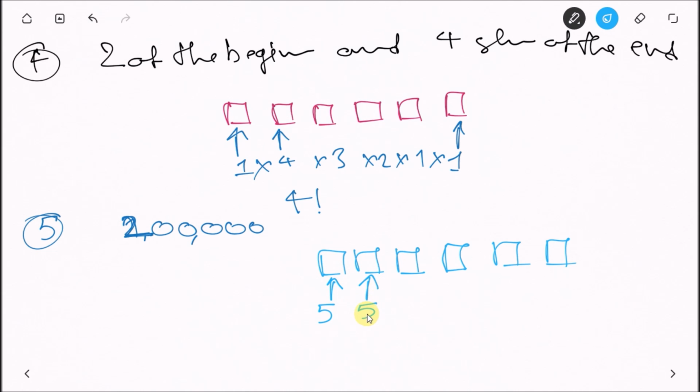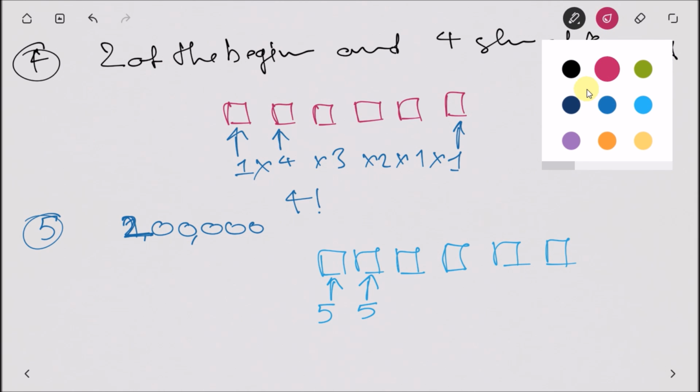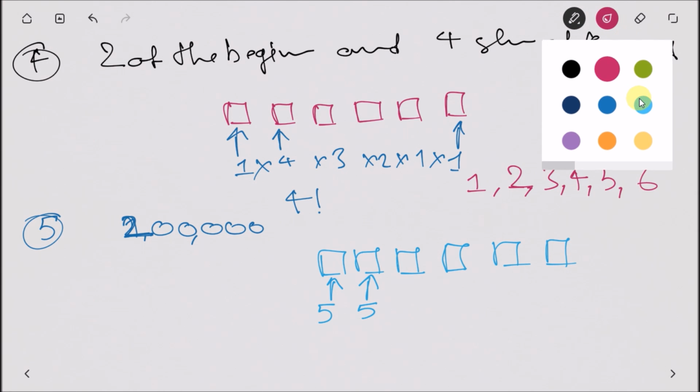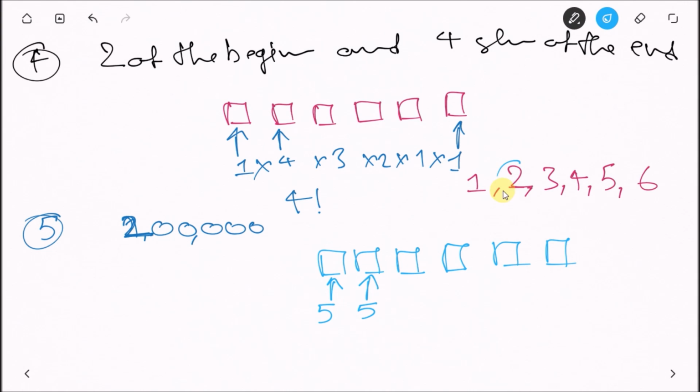Think that you have numbers 1, 2, 3, 4, 5 and 6, and you have used 2 here because you can't use 1 here. Now you have 1, 3, 4, 5, 6. Now you have 5 options for the second bracket. Okay, and you have 4 options for this one, then 3, 2, 1.